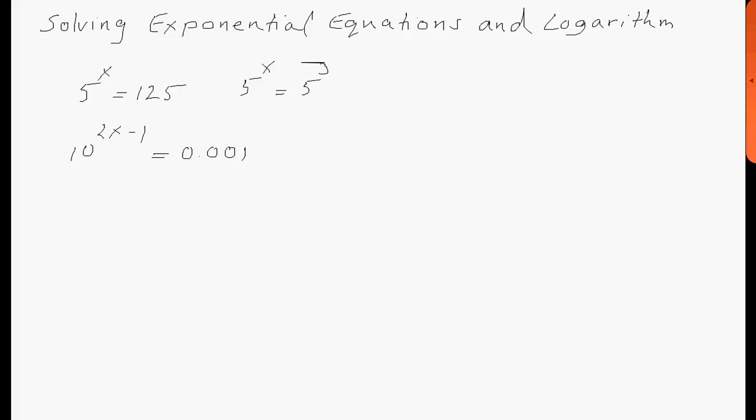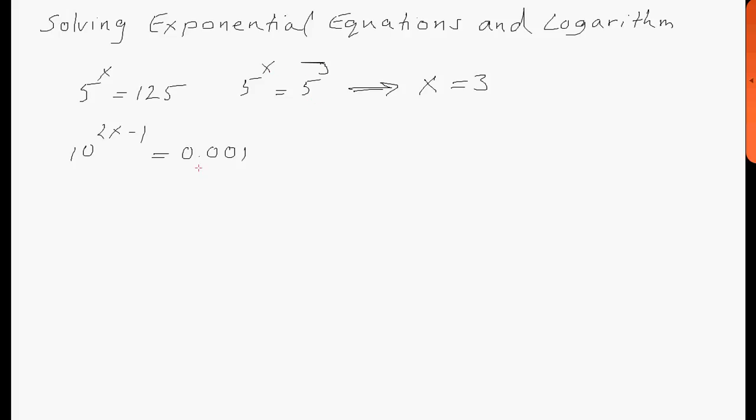Okay, and that means that x is 3, because if we have an equality and the bases are the same, then for the equality to hold, the exponents have to be the same.